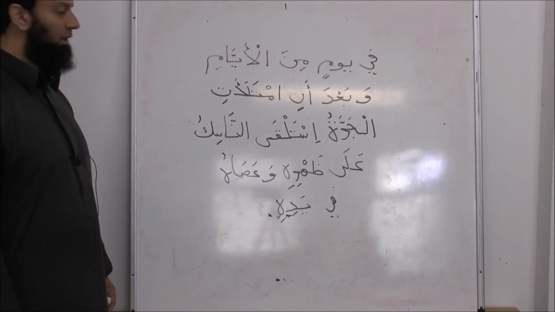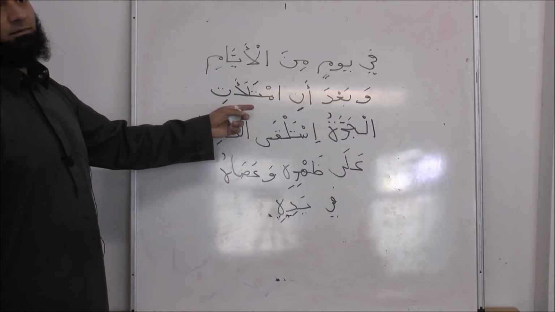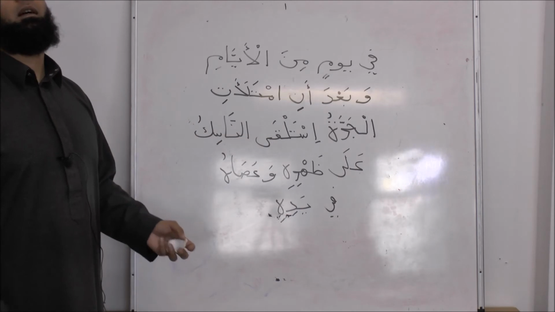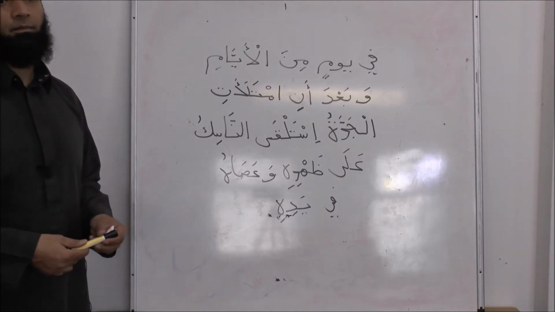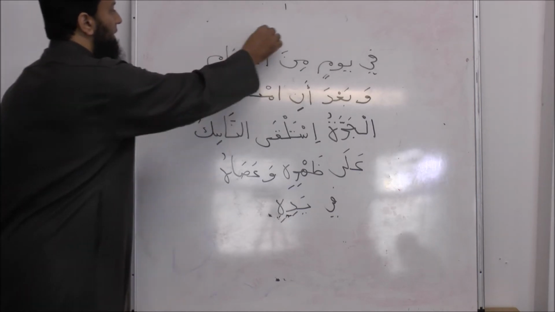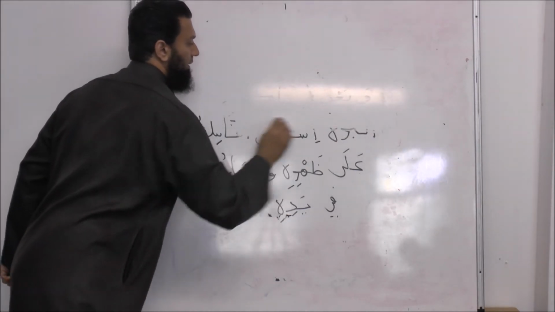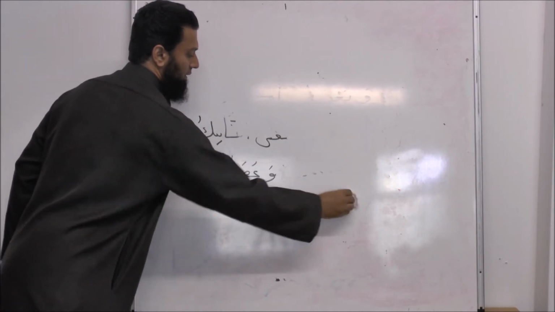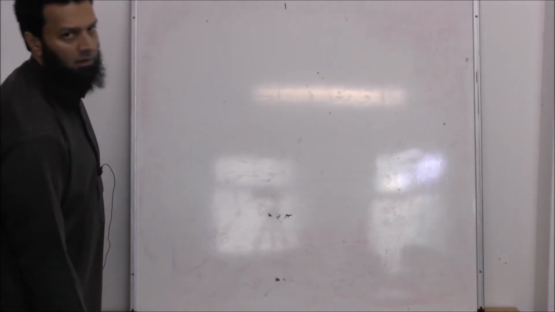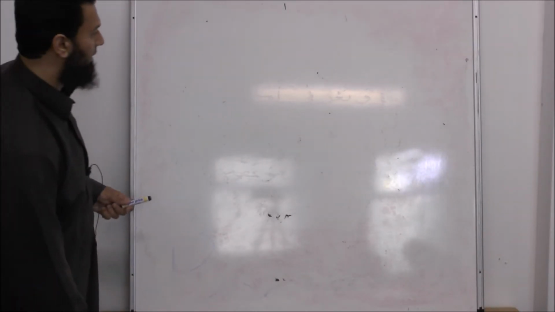And we have two verbs: imtala'a, it became full, and istalqa, he laid down. Is that clear? Right, the next sentence, please. وَكَانَتِ الْجَرَّةُ فَوْقَ رَأْسِهِ.